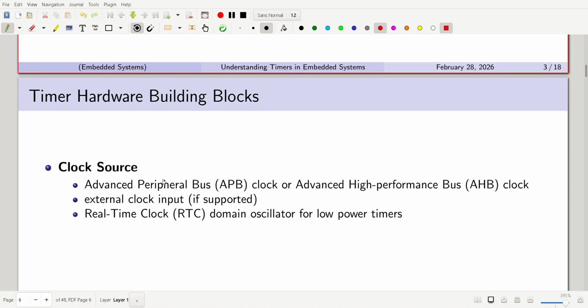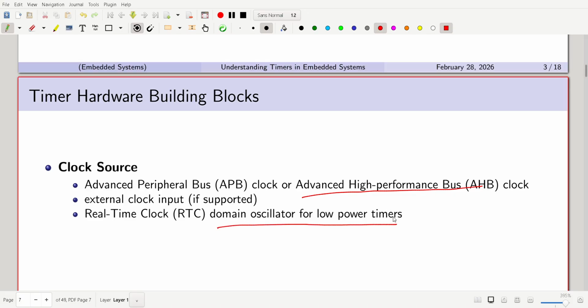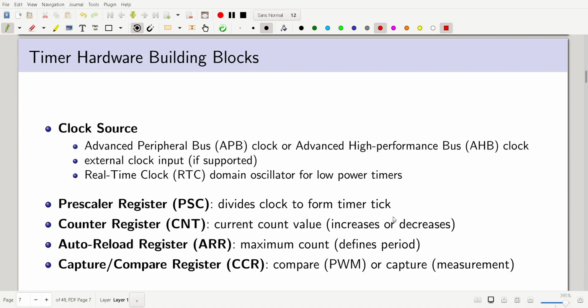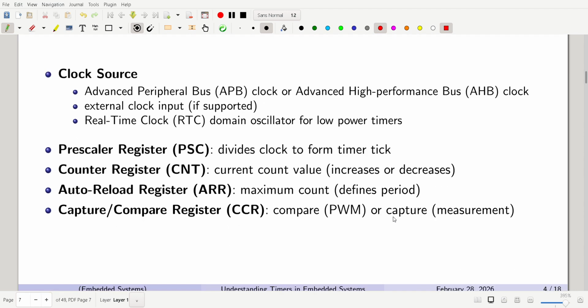Timer hardware building blocks include the clock source, the advanced peripheral bus clock or advanced high-performance bus clock, and the external clock input. Then the real-time clock, the RTC domain oscillator for low-power timers, where less power is required.